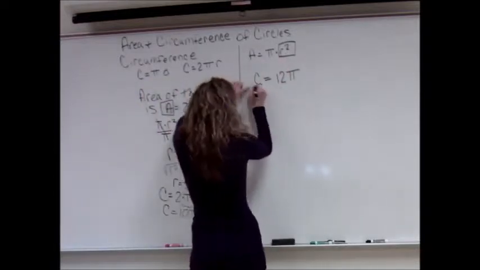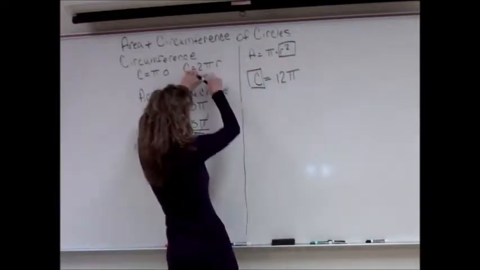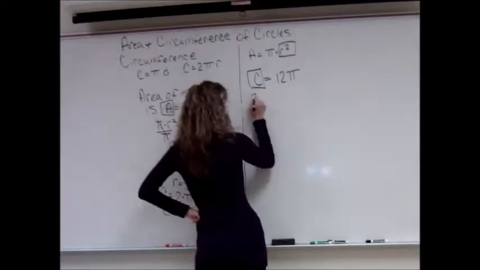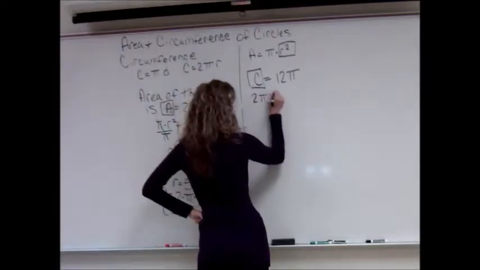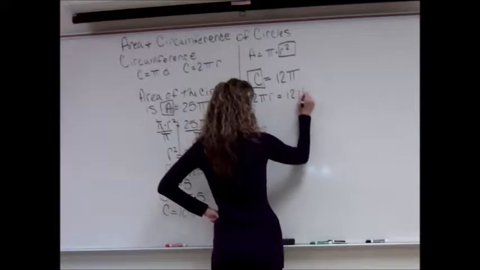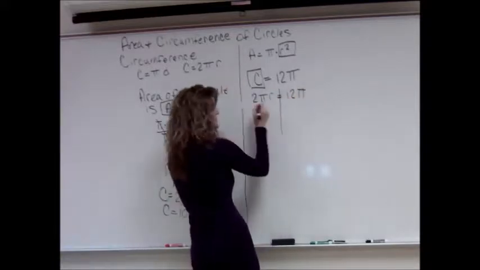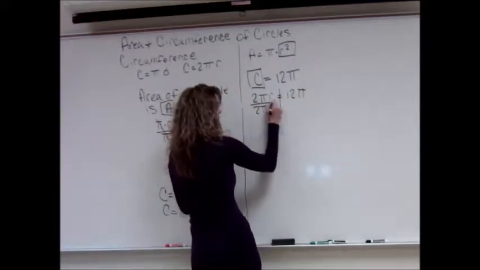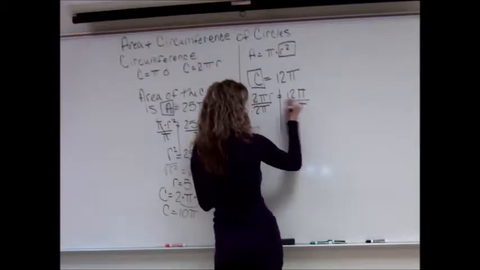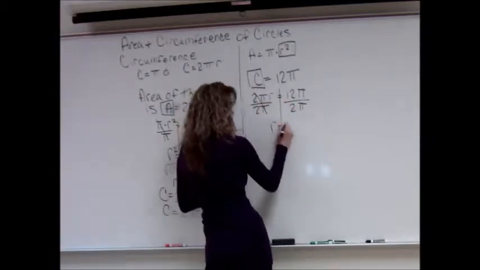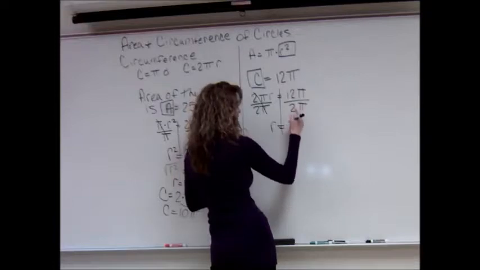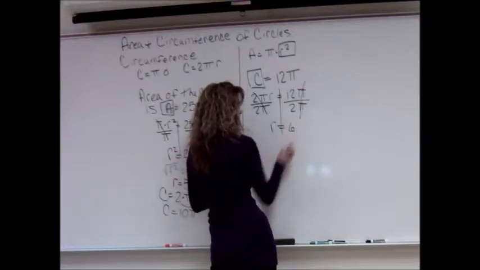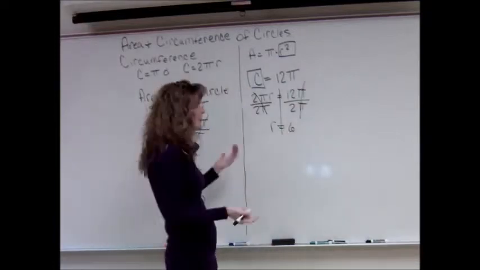So I'm going to take the circumference formula right here and plug it in for C. So 2 times pi times radius equals 12 pi. Now remember, I'm solving for the radius, so I'm going to divide by 2 pi. And when I divide by 2 pi, 12 divided by 2 is 6, and the pi's cancel out, so the radius is 6. We're not done.